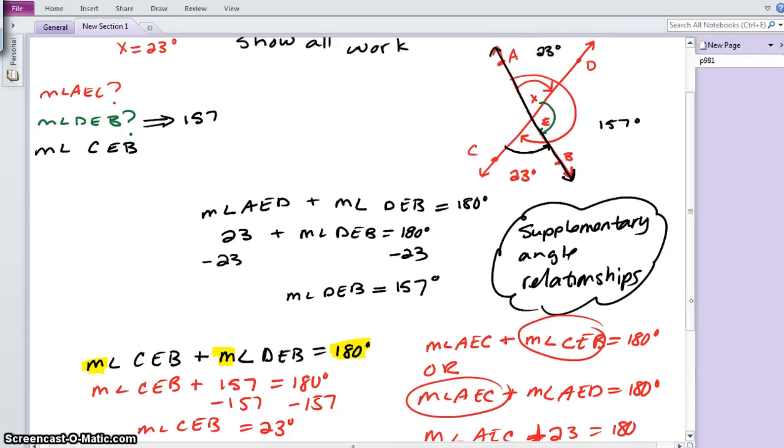So I've got two angles that are 157 and two angles that are 23. So AEC is my 157 degree angle, and CEB is my 23 degree angle.